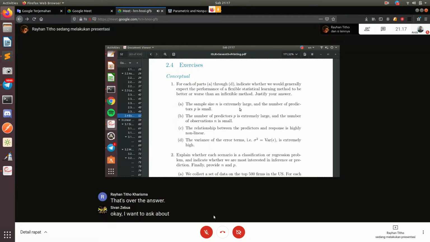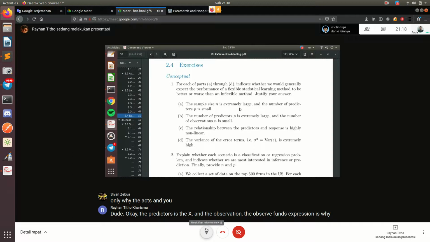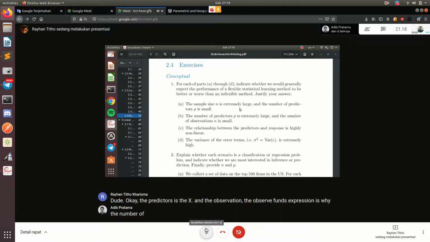What is a predictor? The predictor is the features, the X. And the observation is the Y, the output. The number of observations is the number of data, the size of the data. The number of predictors is the number of features.